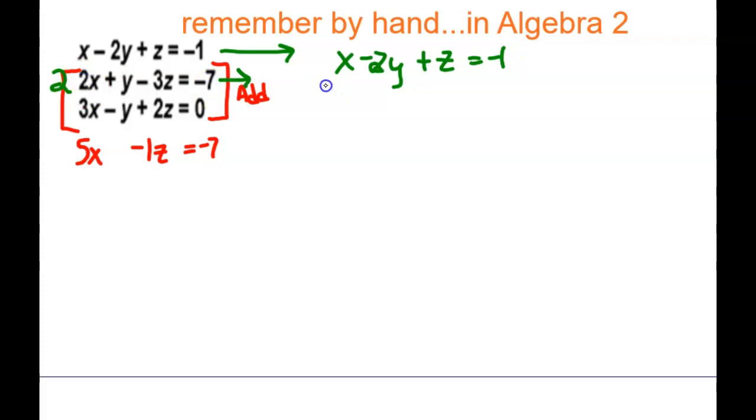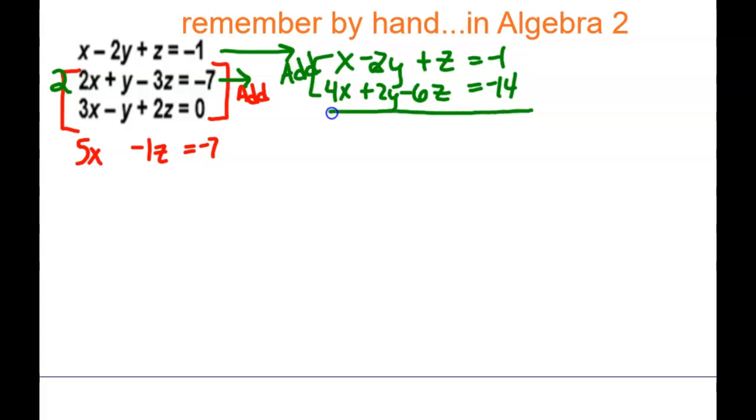So this second equation would become 4x plus 2y minus 6z equals negative 14. I multiplied that whole guy by 2. Got it? And I did that, so now I can add these. And what do I get? 5x, these drop out. I get a negative 5z equals negative 15. Everybody good?